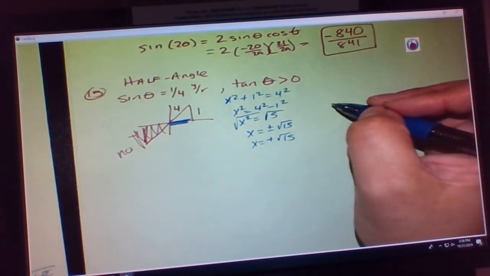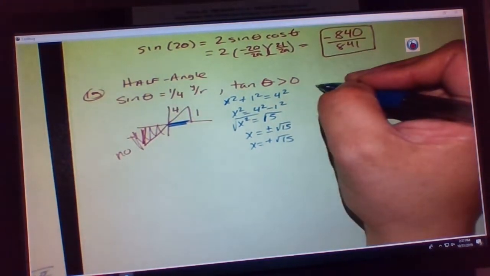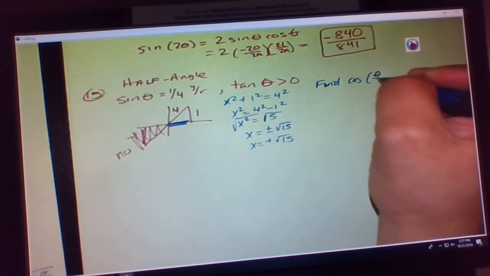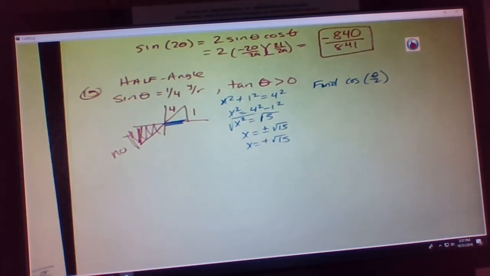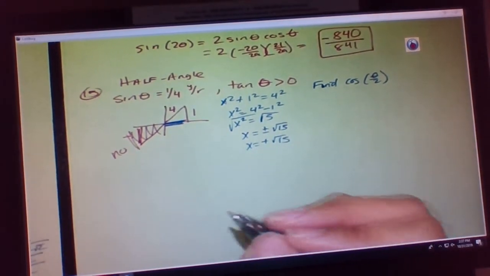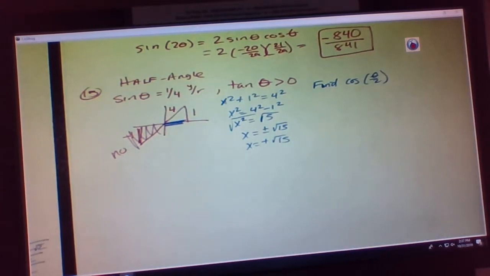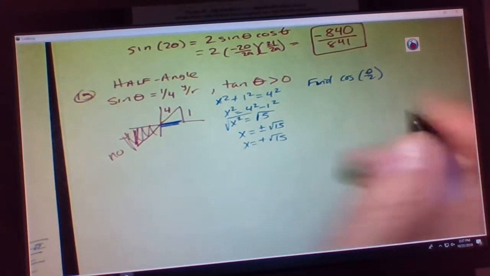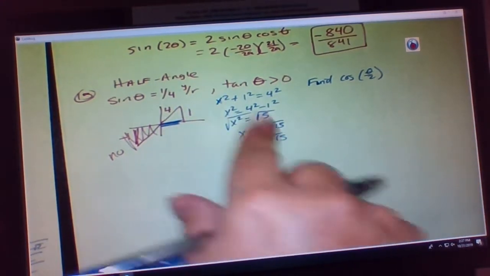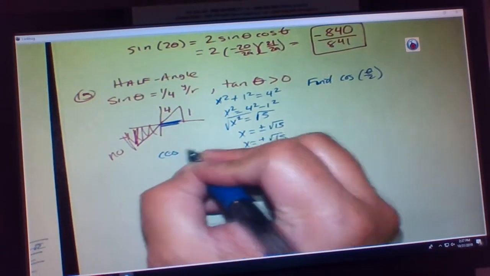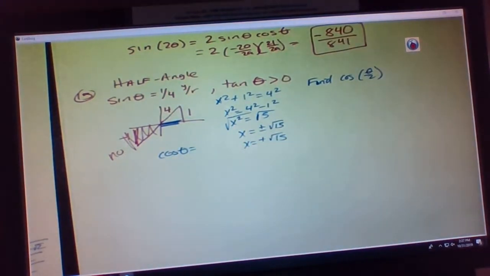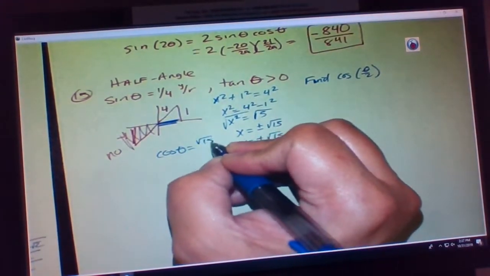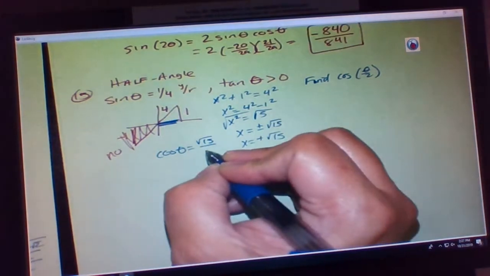Oh, and I didn't tell you what you're supposed to find, sorry. You have to find cosine of the half angle. Now the half angle of cosine, so I need to find cosine of this angle, which is square root of 15 over 4.